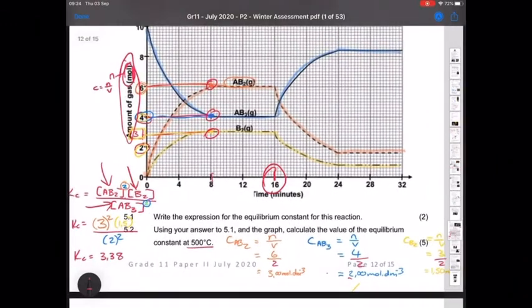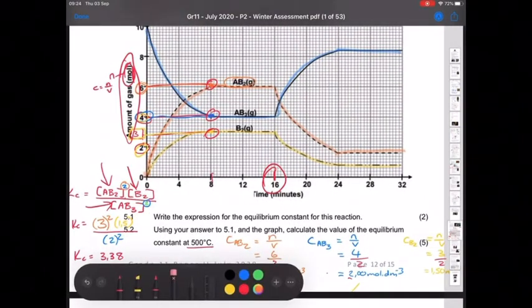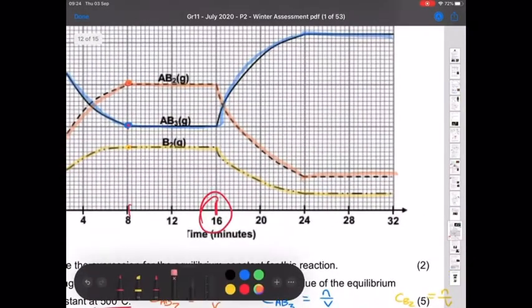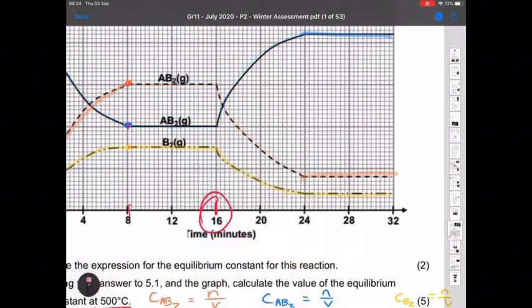So now let's have a look. At the 16th minute, you can see that the blue line increases. So we get more of the blue, more of AB3. Also at the 16th minute, the orange line goes down.